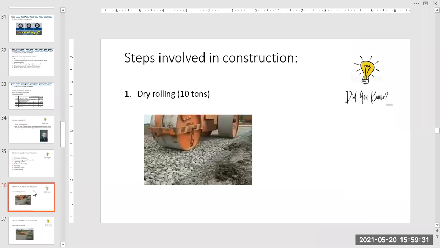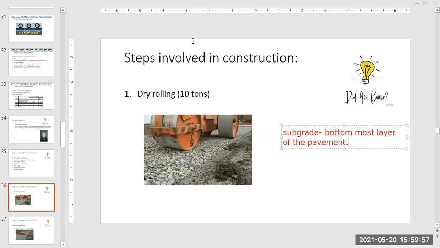And what McAdam proposed is a new technique: number one, we are going to prepare the subgrade, guys. A new word, subgrade. That is the bottommost layer of the pavement.